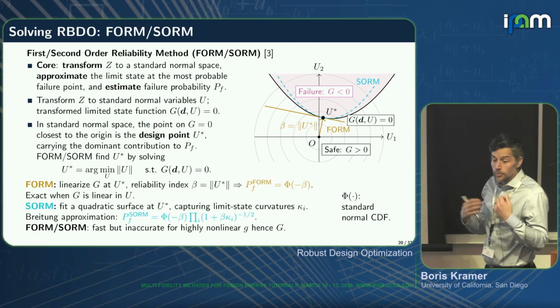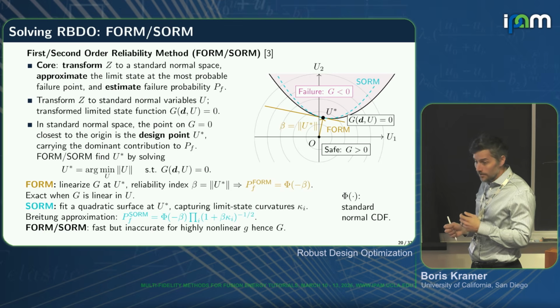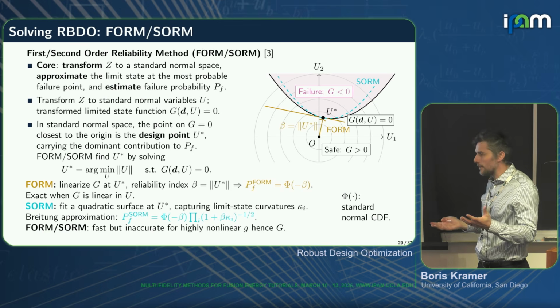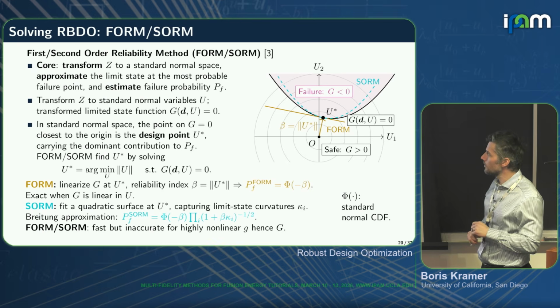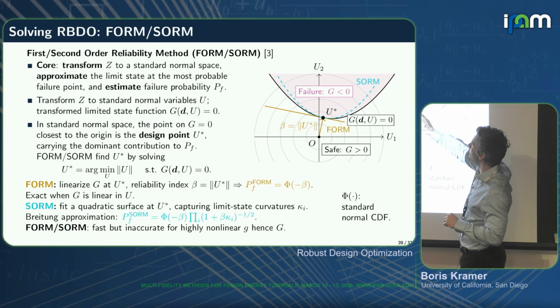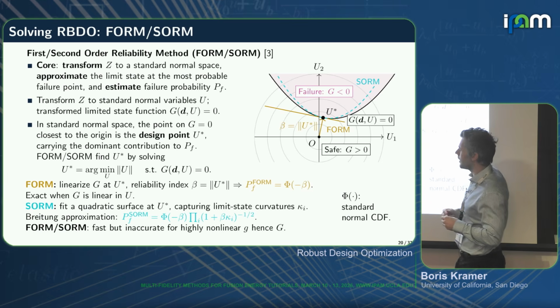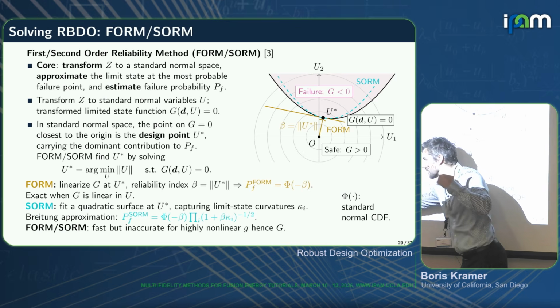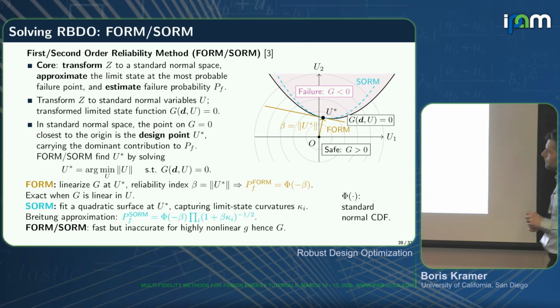Now, of course, this works beautifully if your constraint was already linear. You get an exact representation. If it's not, but it doesn't have too much curvature, it's still okay, but that's why it's called first order. You can do second order, where you also fit Hessian information at the maximum a posteriori point, and then you get this second-order curvature, and you would compute your failure probability with a second-order reliability method by using a slightly more complicated formula.